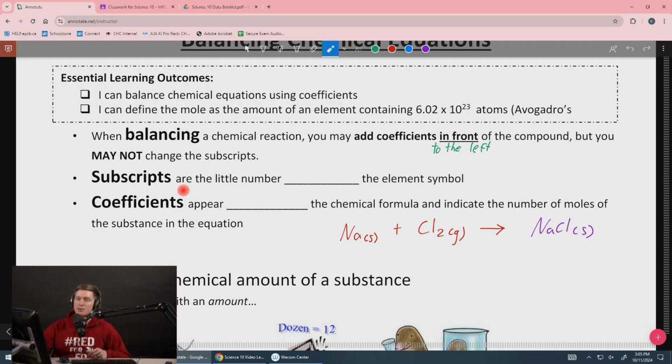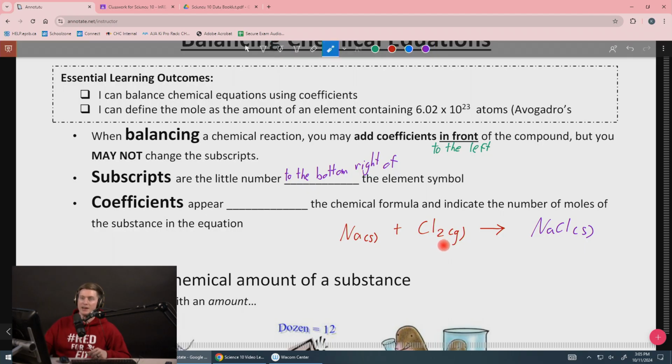subscripts. Subscripts are the little number to the bottom right of the element symbol. I'm going to say to the bottom right. I know that doesn't fit in the blank, but it's specific of the element symbol. This is a subscript.